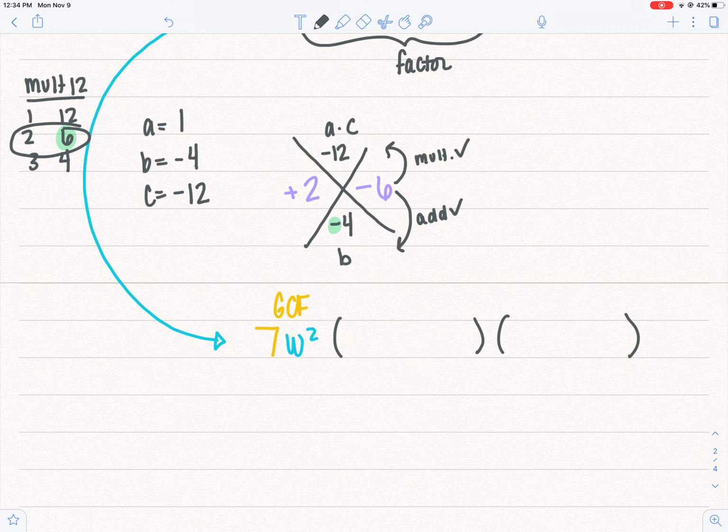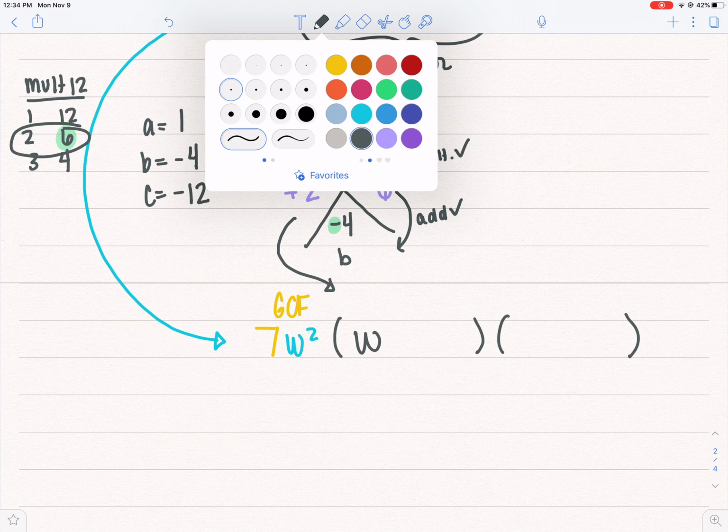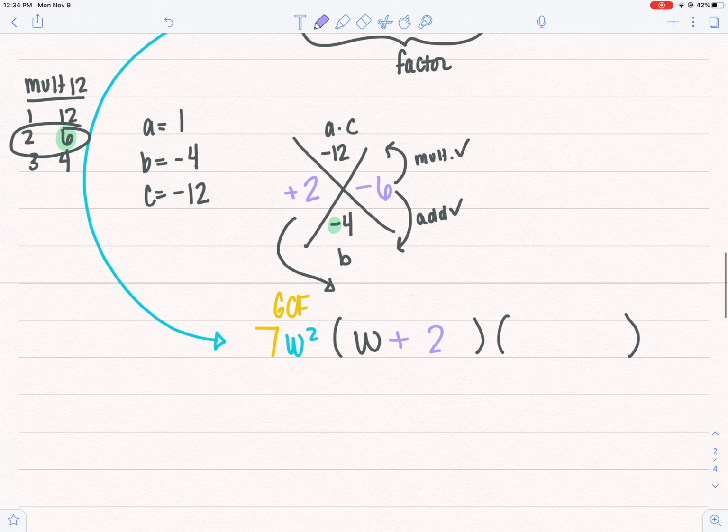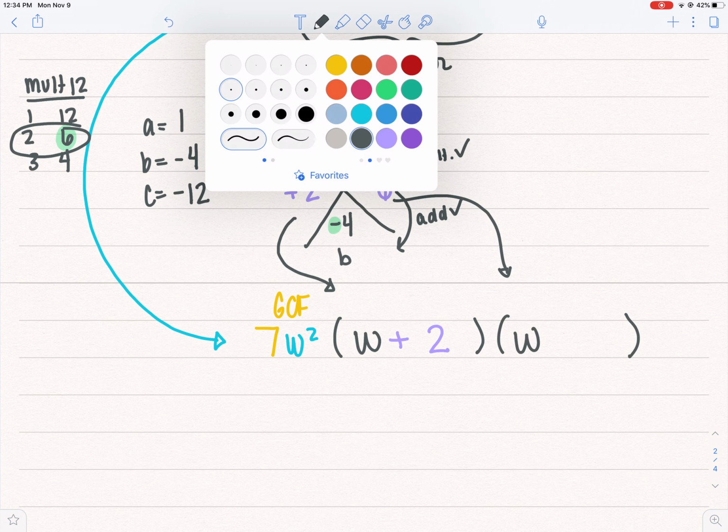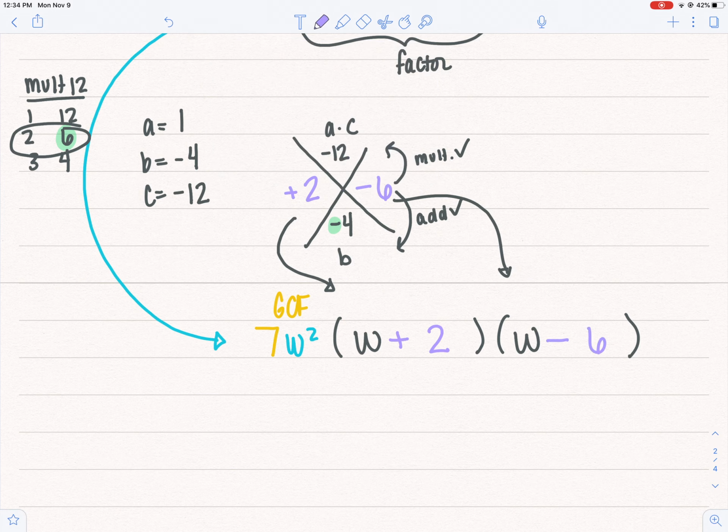So my two factors will be w plus 2, and then the second one will be w minus 6.